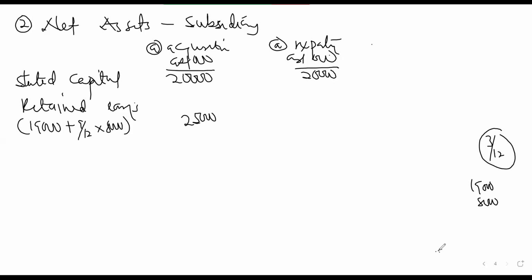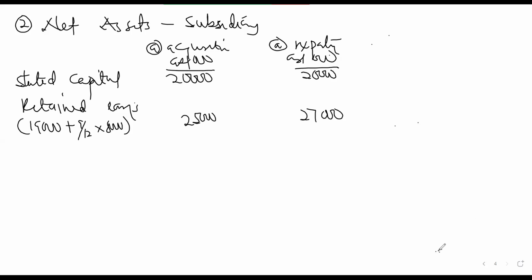What will be the retained earnings at the end of the year? 27,000. You can see that there is a profit element of 2,000 there, which is the 3 months profit.